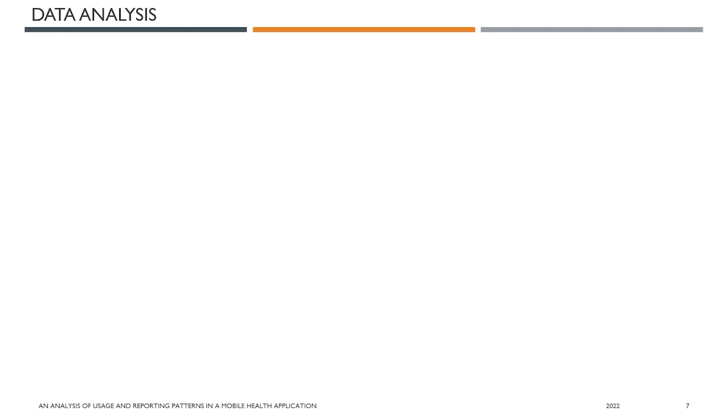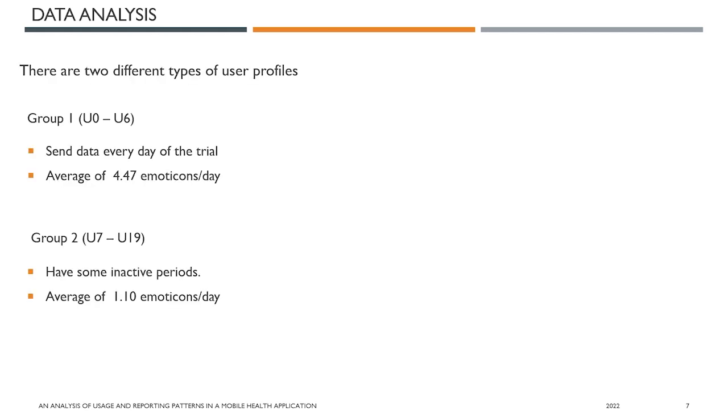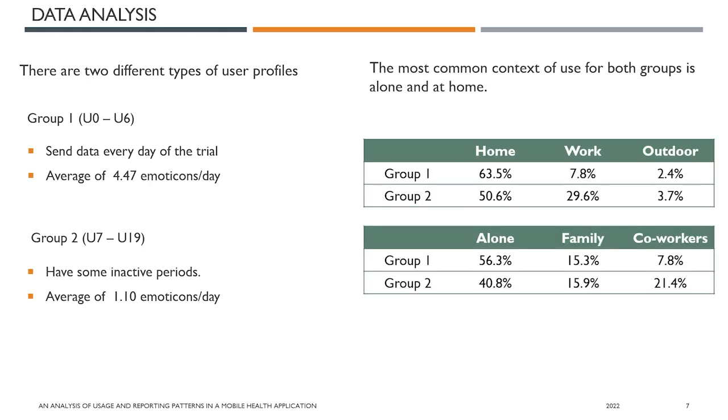This variability in the number of reports is related to the adherence itself. Taking as a basis the frequency of reports, we can distinguish 2 different types of users. On the one hand, a group of 7 users who report emoticons every day of the trial. On the other hand, the rest of the users who are less methodical, showing inactivity periods, even of a week, and reporting fewer emoticons per day.